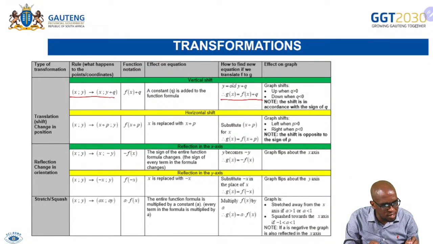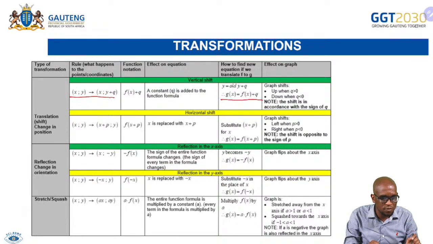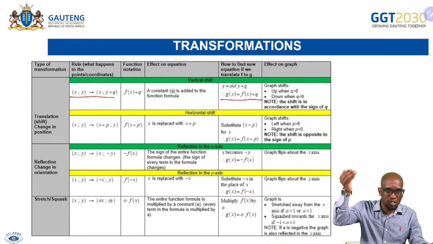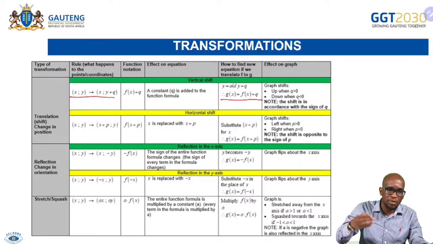The implication is that the graph shifts up when q is positive and shifts down when q is negative. The graph moves in accordance with the sign of q, which means if q is positive, the graph would also move up the positive y-axis. If q is negative, it moves down.